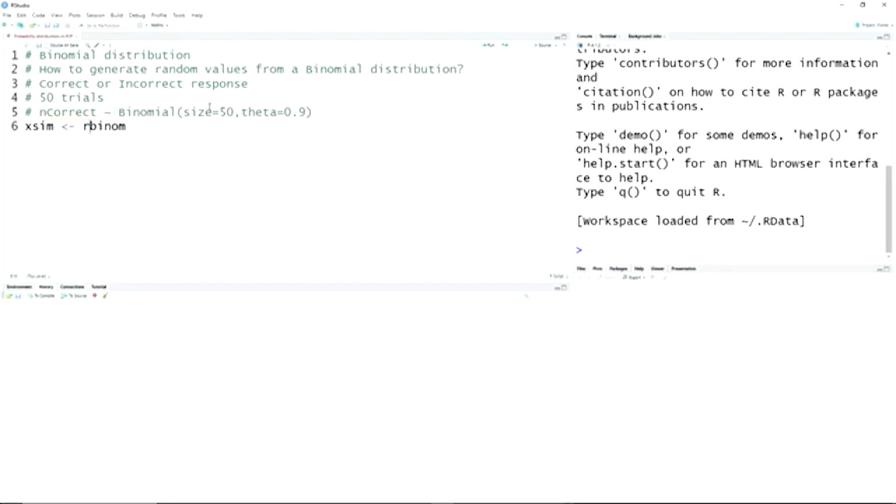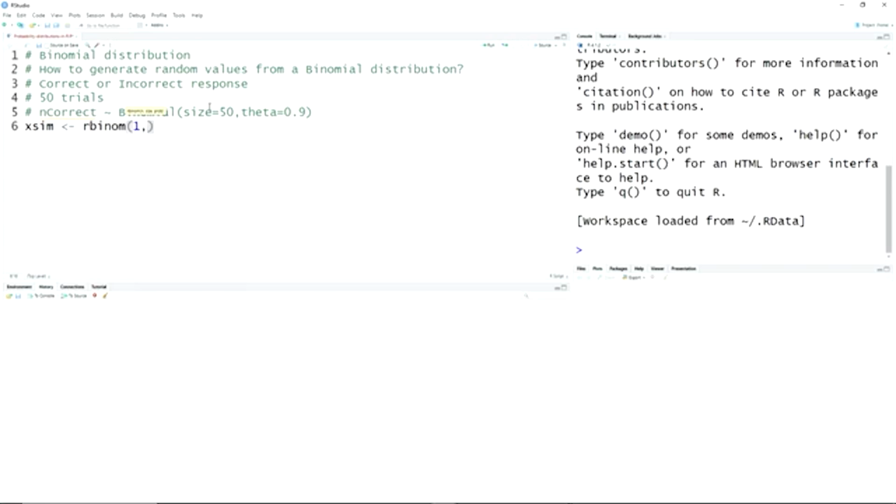So we are drawing random values from a binomial distribution. How many experiments do you want to simulate? Let's say you want to simulate only one experiment. You know the true generative process and you want to simulate what will happen if I do this experiment next, on a particular participant.